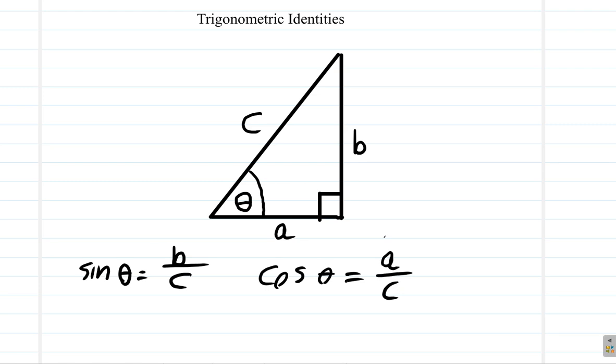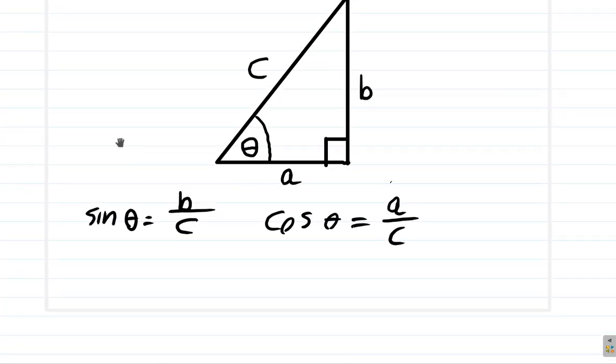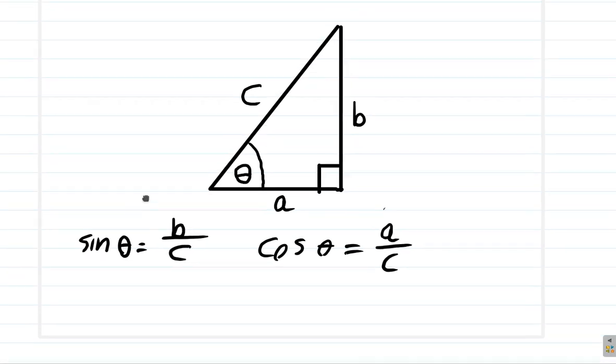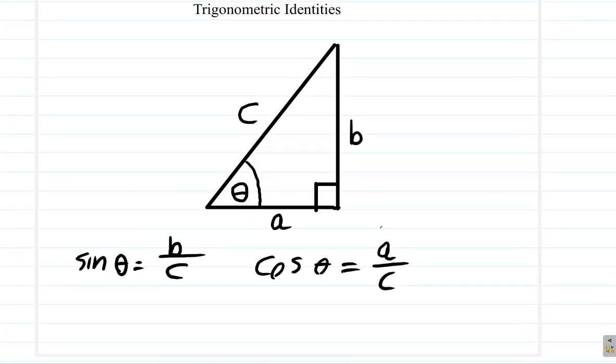Now, let's see something here. There is what you call a trigonometric identity, which you would see in a lot of places, that says the sine squared of theta plus the cosine squared of theta is identical to 1.